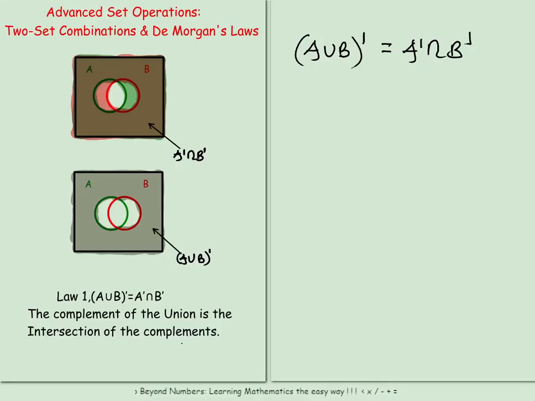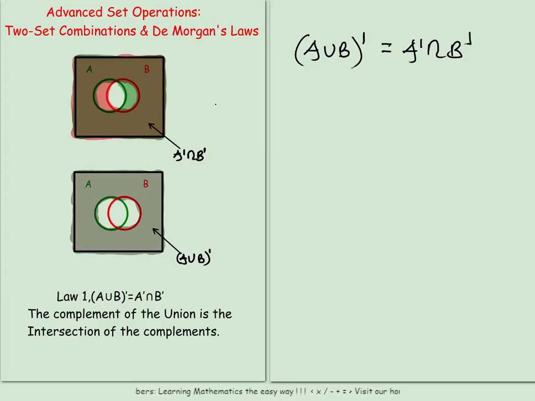You see how nice it is? The complement of the union of the two sets is the intersection. This is our intersection. So the intersection of the complements. Very simple. This is the first De Morgan law.